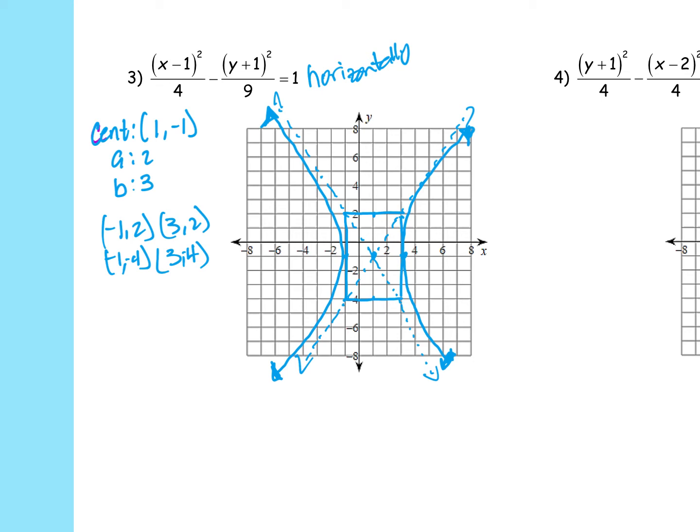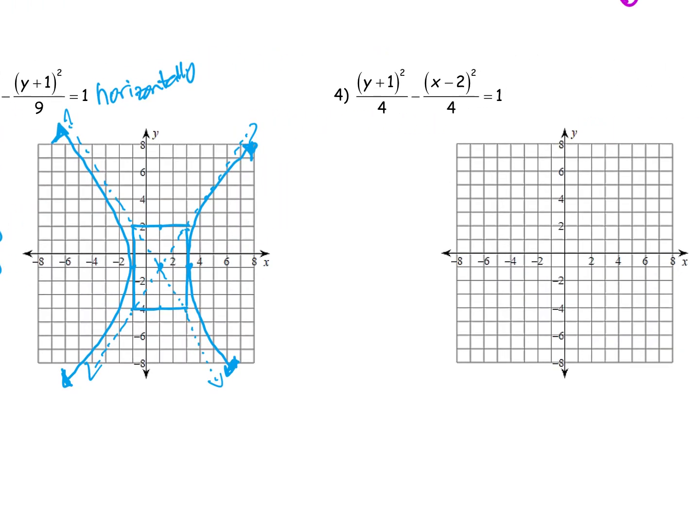Okay. And then 4. Okay, I know it's going to open vertically. Where's the center of my circle at? Someone tell me where the center of my circle is at. (2, -1). Good, yeah, because it goes to the x first, right?